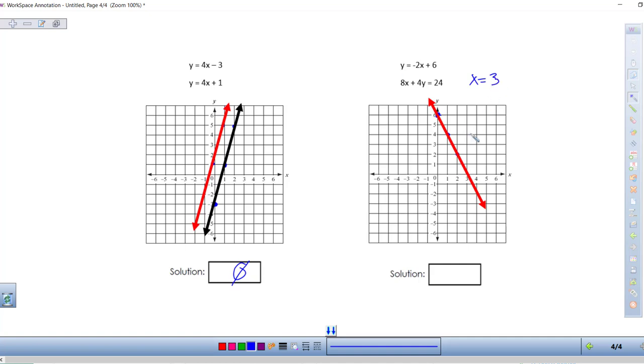So I could make a dot at x equals 3. And then I cover up my x. So I have 4y equals 24. Divide 24 by 4, we get y equals 6. And I look on the y-axis, make a dot at 6, and I see that this line is going to be exactly the same, and it's going to be on top of our first line. And when we have lines on top of each other, that is infinitely many solutions, IMS.